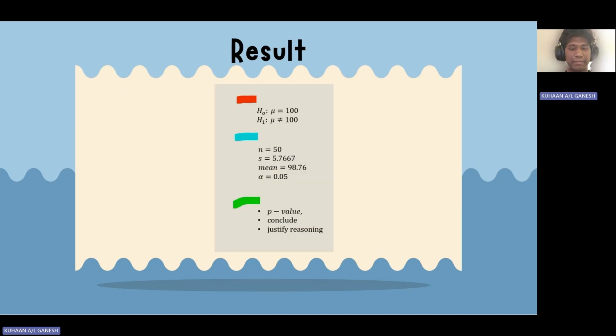Start by setting up our hypothesis, null hypothesis, mu equals 100. Our alternative hypothesis, mu not equal to 100. We are also given a sample size of 50, a sample standard deviation of 5.7667, and a sample mean of 98.76. And our significance level, alpha, is 0.05.